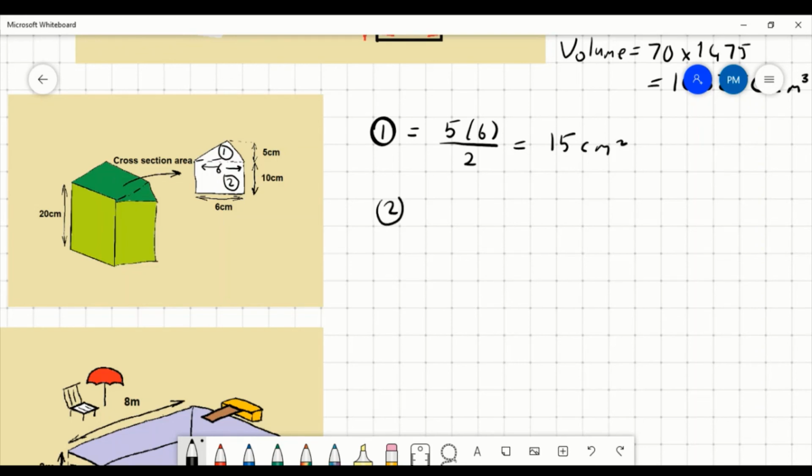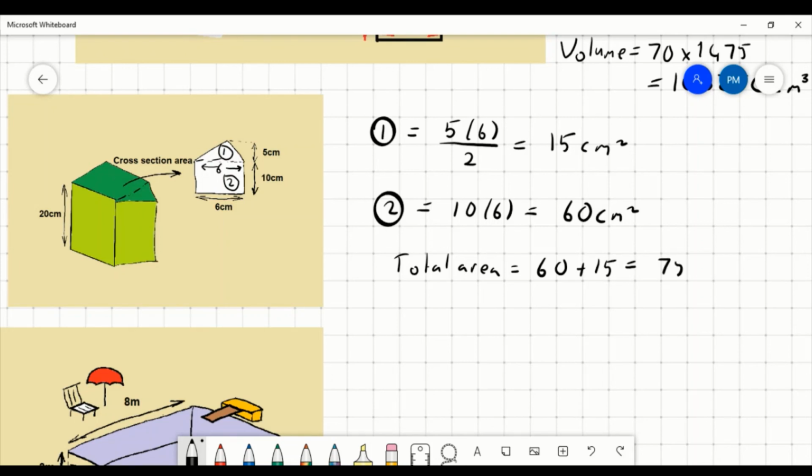Area 2 is going to be 10 by 6, which is equal to 60 centimeters squared. So the total area, not the volume yet, is going to be 60 plus 15. So that's area 1 plus area 2, which is going to give us 75 centimeters squared.